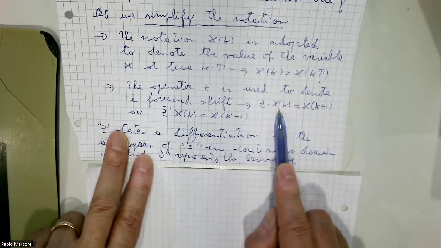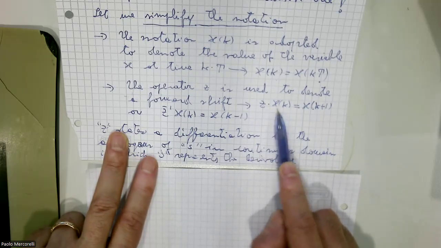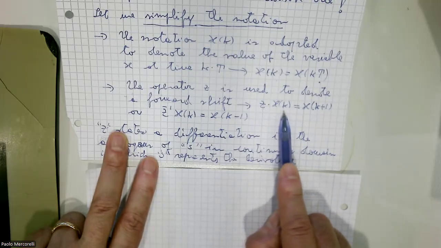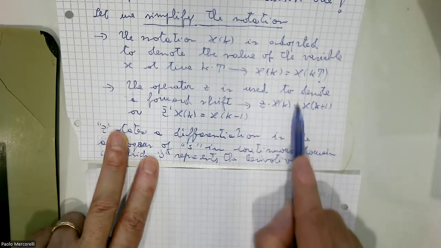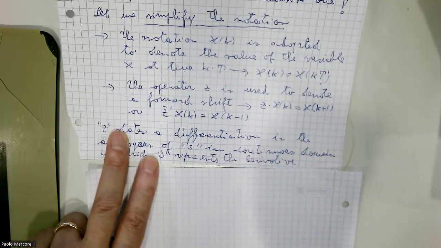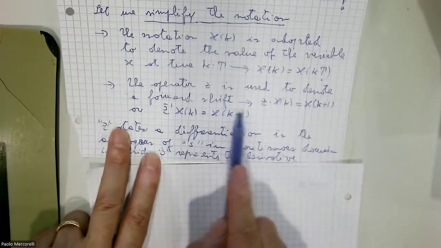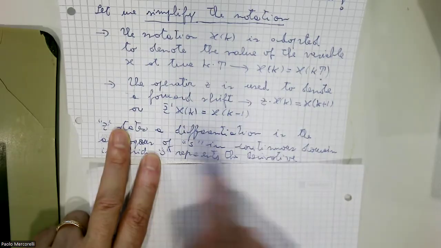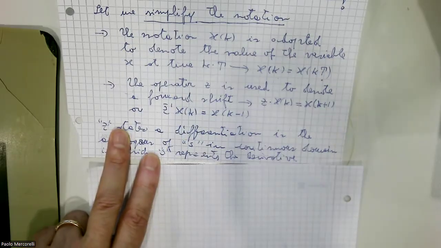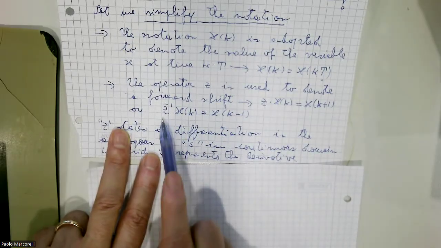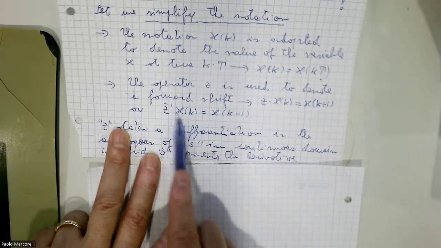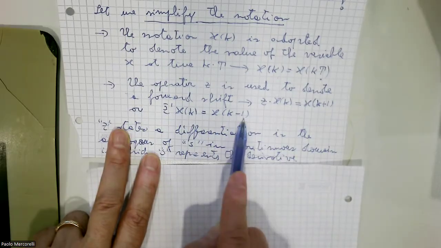Of course, it's a little bit strange, a shift forward, because if I have time x of k, this means this is in the form of a prediction. In fact, very often we write in this form, which is the equivalent of a delay block, a delay element: z to the minus 1 multiplied by x of k is x of k minus 1.